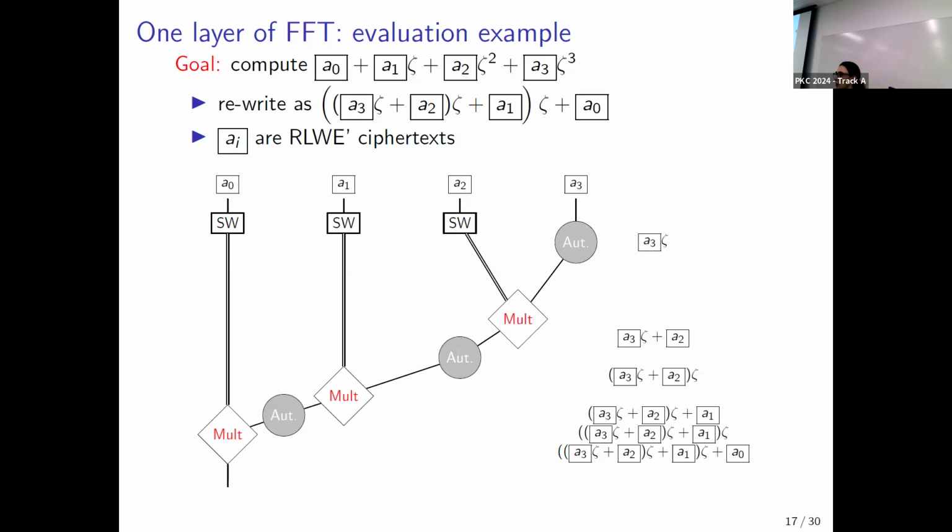And so in order to do the multiplication, we first do a scheme switch, and then this allows us to do the multiplication, this time between an RGSW ciphertext and an RLWE prime ciphertext. And so the computation goes like this, in sequential operations using automorphisms, multiplication, and scheme switching to have the correct scheme. So this illustrates the main operations that are used in our algorithm.